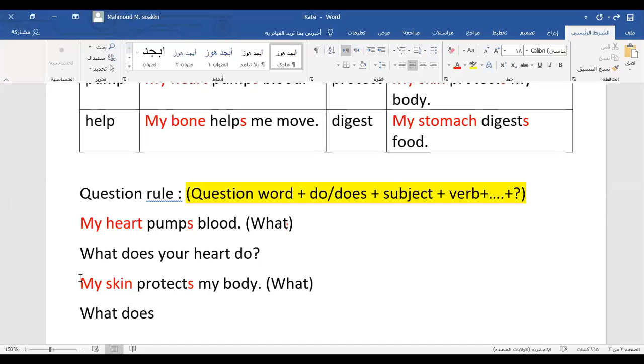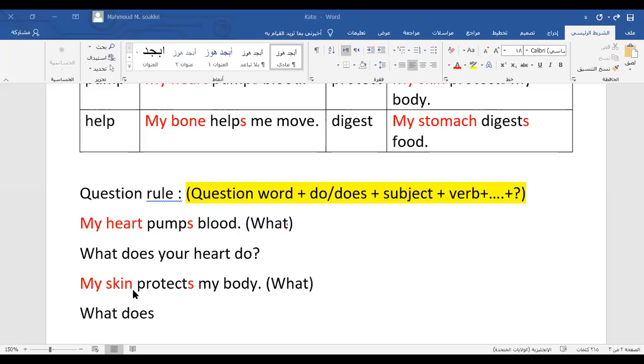Thank you, Iyad Muhammad Ali. That's a good answer. Okay, Yusuf Khalid, the subject is the word that comes before the verb. The verb is protects. Before the verb, I have my skin. So my skin is the subject. Now, again, where is the subject?